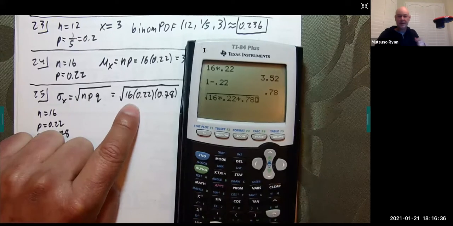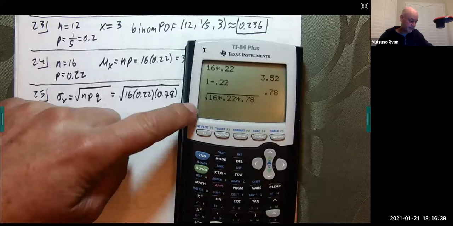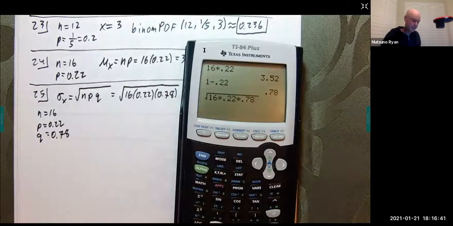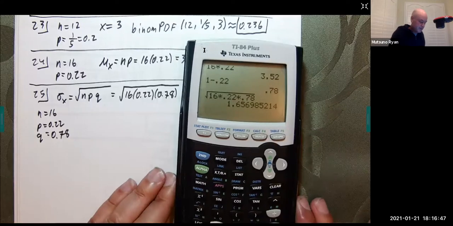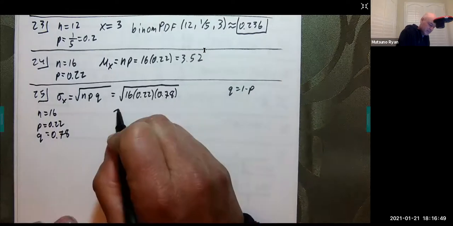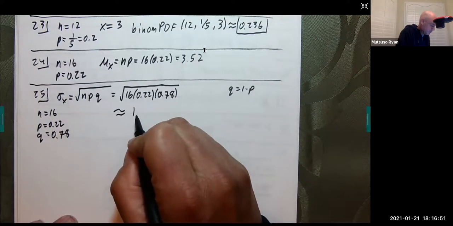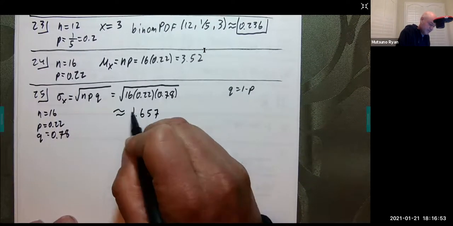Now be careful. Again, your calculator may be different than mine. It may not have the radical bar going all the way across, so you may need to put in some extra parentheses depending on your calculator type. So this is about 1.657.